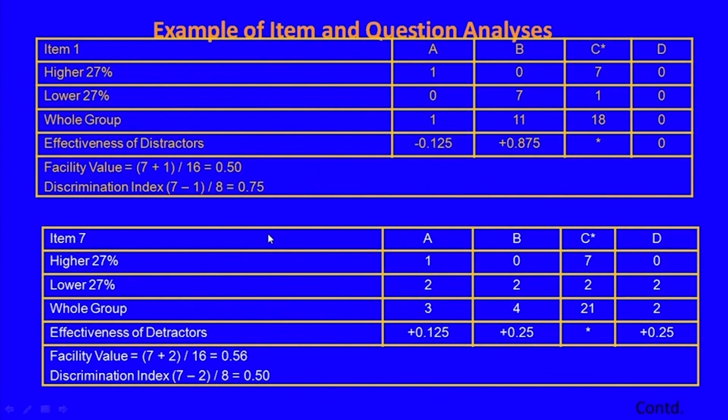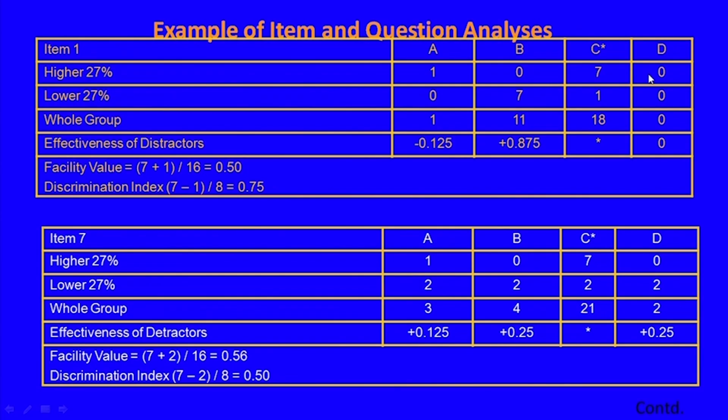To show you an interesting thing, if you look at D, the effectiveness of distractor in D is 0, because nobody in the upper group or in the lower group has chosen D. So, D is really useless.